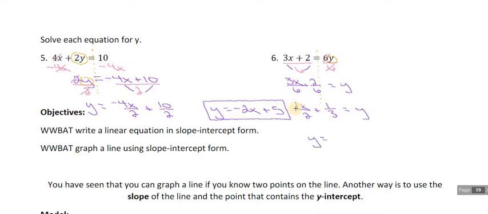What I can do here, because I have 1x over 2, I can just write this fraction out in front of the x as a coefficient. We're going to boost the x off this side. I'm going to write it as 1/2 x plus 1/3. Okay, you'll want to definitely do that in this lesson and moving forward.